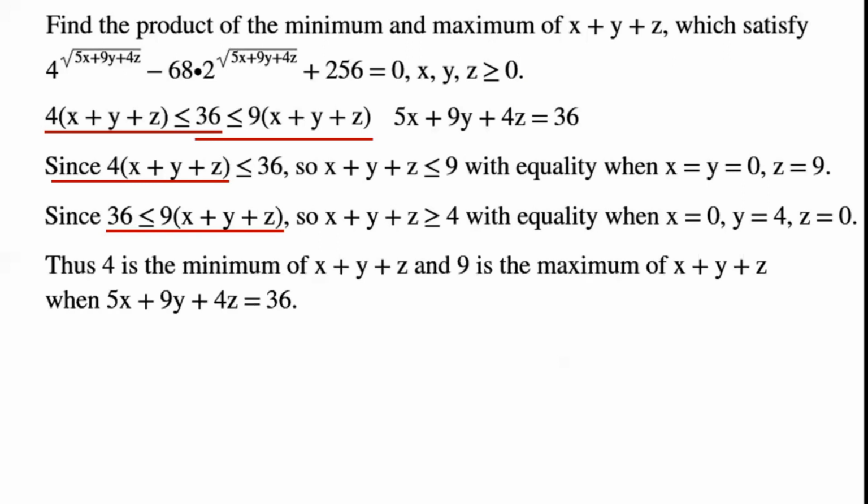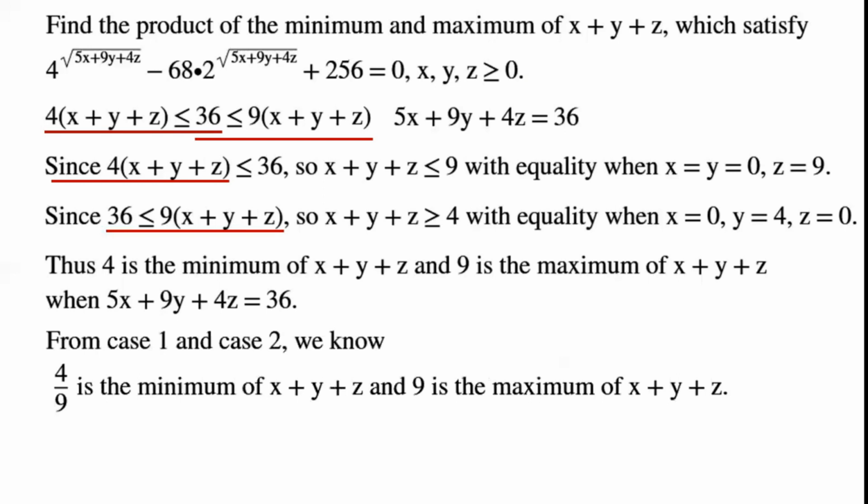Thus, 4 is the minimum of x plus y plus z, and 9 is the maximum of x plus y plus z when 5x plus 9y plus 4z equals 36.